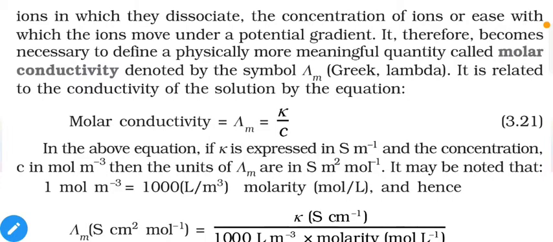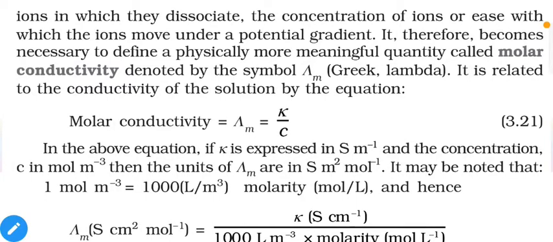Dissociation means that when we dissolve, for example, NaCl into the solution, it produces Na plus and Cl minus ions. But not all of the NaCl dissociates into positive and negative ions. Some of the molecules will still remain in molecular form, and these molecules do not conduct electricity.